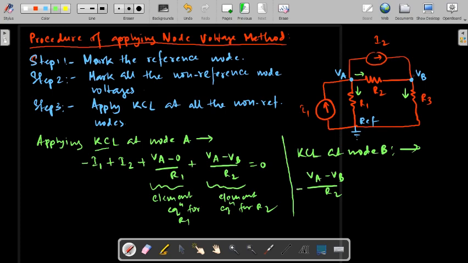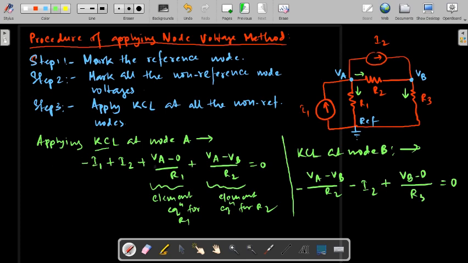And I2 is current going into node B, so minus I2, and the current leaving node B, flowing through R3, will be plus, again applying the element rule, VB minus 0 by R3. So I will get another KCL equation.